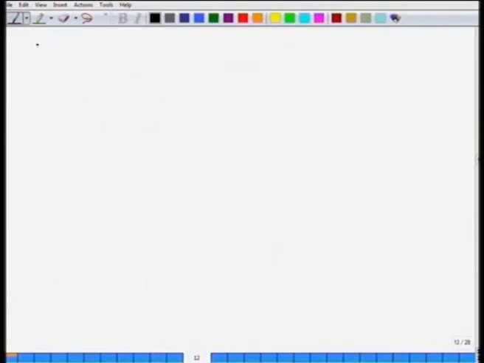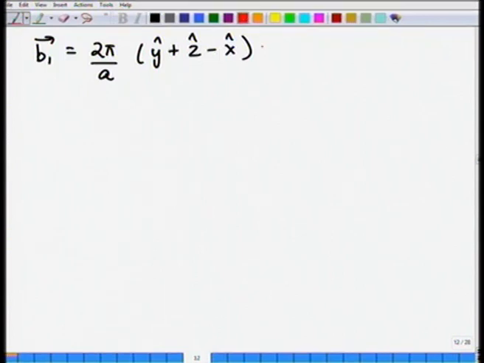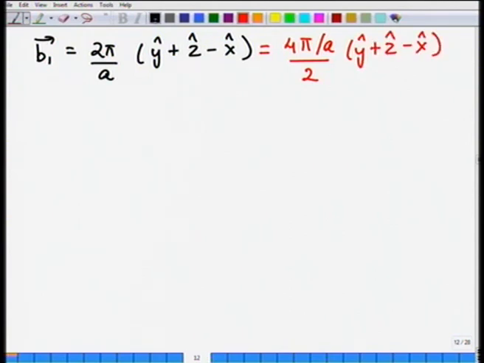So, again, with this you will find that if we do the same thing, then we find B1 as equal to, in this case, 2 pi by a (y plus z minus x), which I will also write as 4 pi by a divided by 2 (y plus z minus x), and you will now clearly see why I am doing this, since we already discussed this.